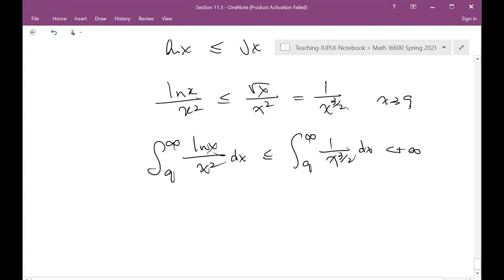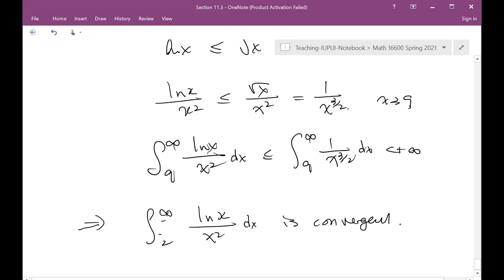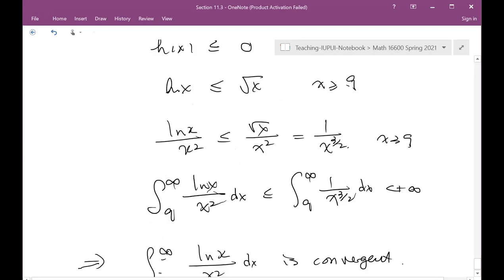This also implies the integral from 2 is convergent. So there are many ways of using comparison here, because you do need to replace natural log of x by square root of x.